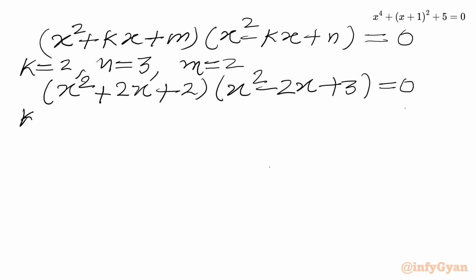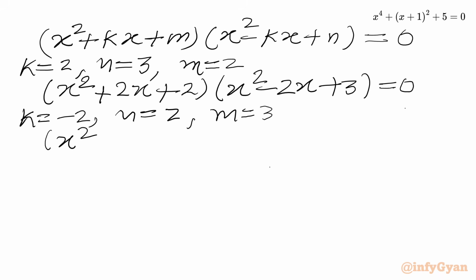And if I check for k equal to minus 2, where n is 2 and m is 3, we will be getting the same equation. It would be x square plus kx, k is negative 2 here, so minus 2x plus m, m is 3.